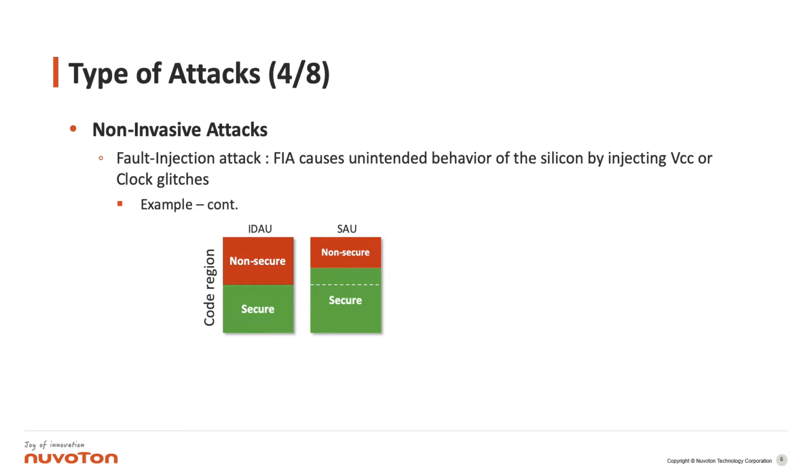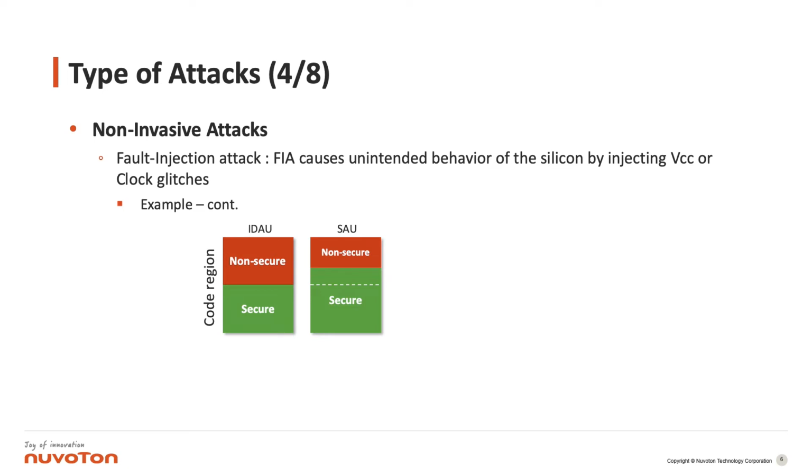For the code region, the 256 MB of the low address is secure, and the 256 MB of the high address is non-secure. SAU is software programmable. The program can configure the secure world and the non-secure world by writing to the SAU registers.